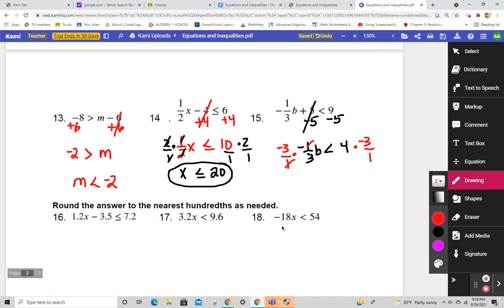The 1's will cancel, the 3's will cancel. We'll have B. Remember, we just multiplied both sides by a negative coefficient, so we're going to have to flip the sign. All right, we can turn that into a fraction if it helps, and we'll have 4 times negative 3. That's going to be negative 12, and that's our final answer.